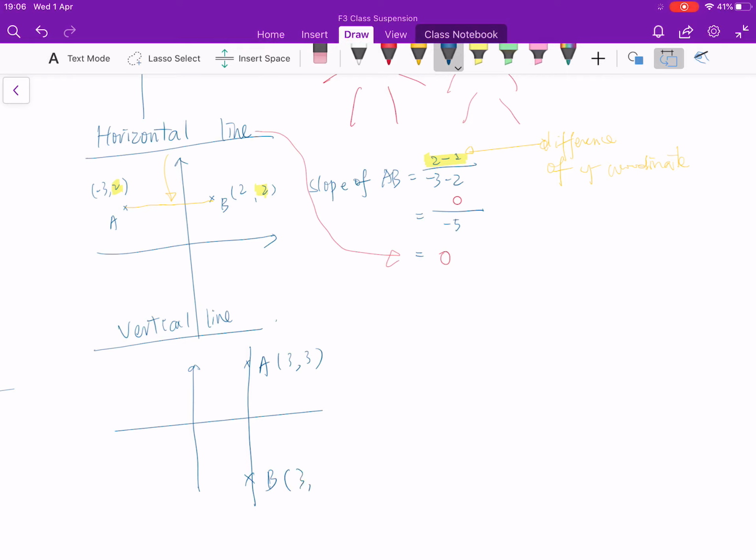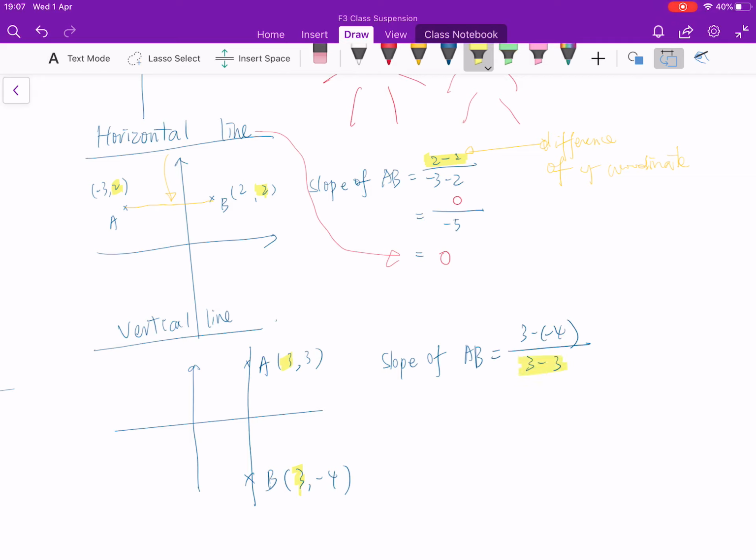So B should have x coordinate 3. And then let me create the y coordinate. Then when you are calculating the slope of AB, take the difference of their y coordinates divided by the difference of x coordinates. As they form a vertical line, the x coordinates of them must be the same.